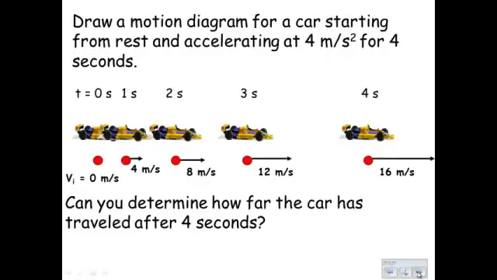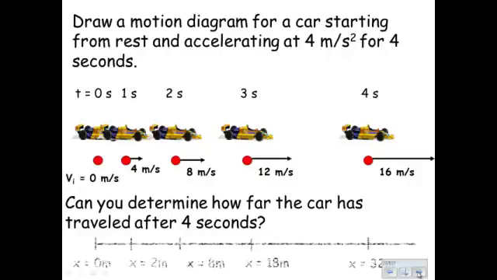So my average velocity is 2 meters per second, and this occurs over a time span of 1 second. So when I plug those values into my equation, average velocity equals displacement over time, I would find that in that first second, I've traveled a distance of 2 meters.